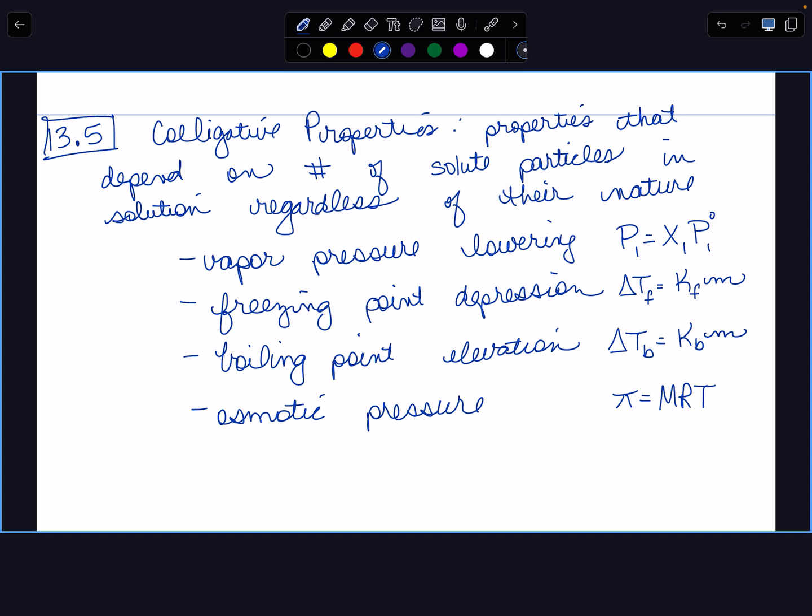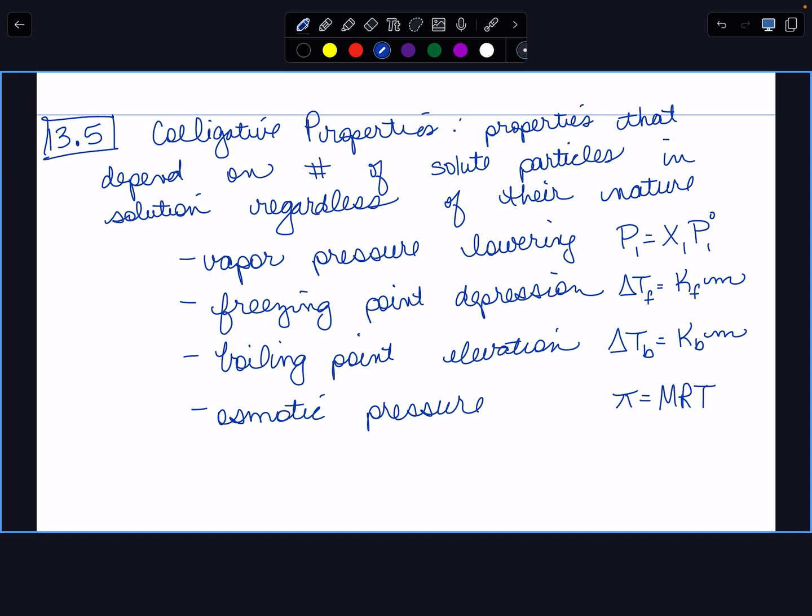Some substances have flammable vapors or harmful vapors, and so we want to control the vapor pressure. We want to keep them from evaporating, especially in industry. We've all driven down the road and seen an industry that has those huge columns of stuff. If there's chemicals stored in there, you want to lower the vapor pressure for many safety reasons.